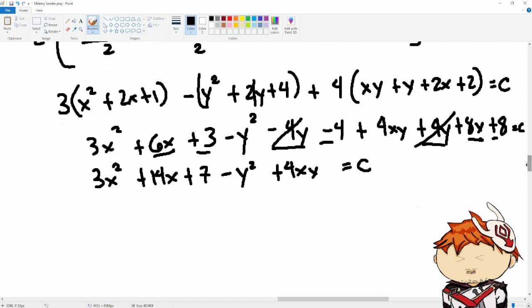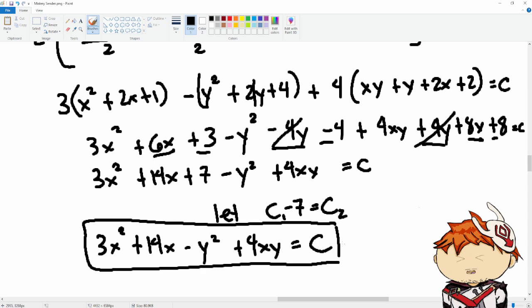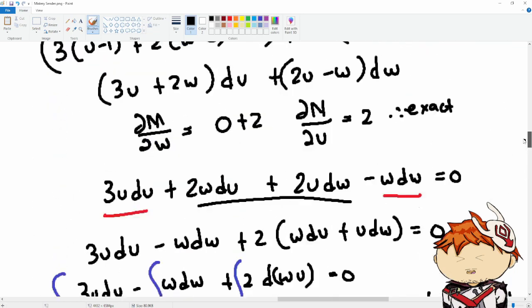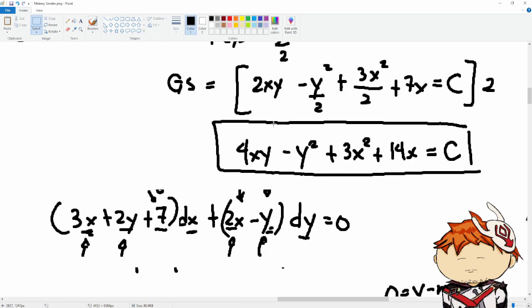Let c1 minus 7 is equal to c2. So 3x squared plus 14x minus y squared plus 4xy is equal to c, which I think is the answer to our previous problem. There we go. Inspection.